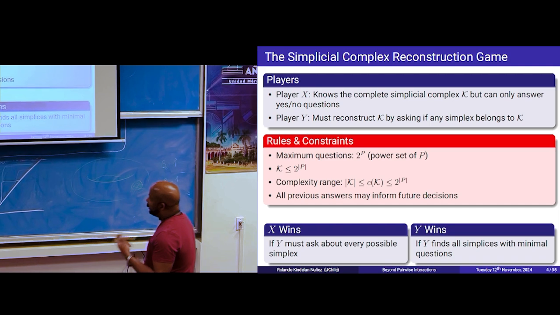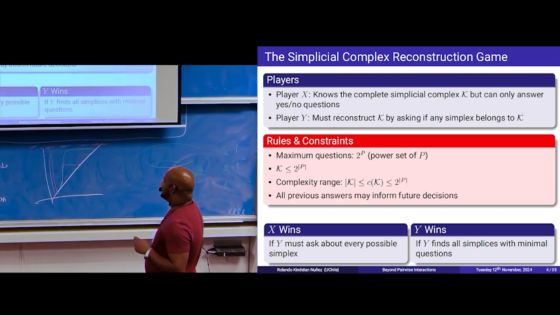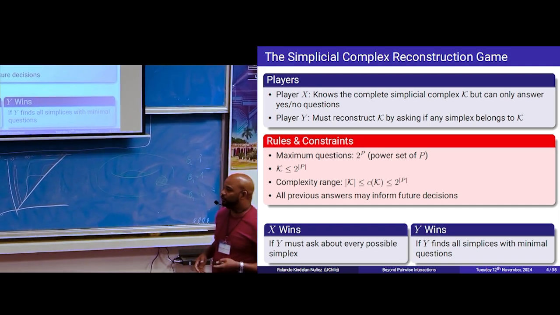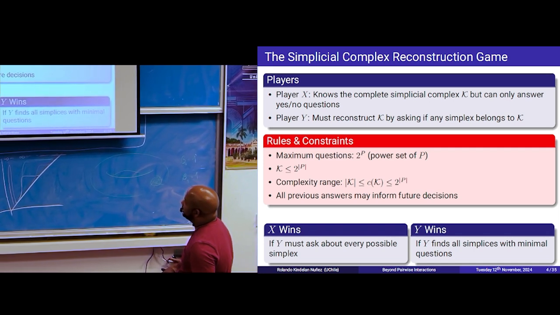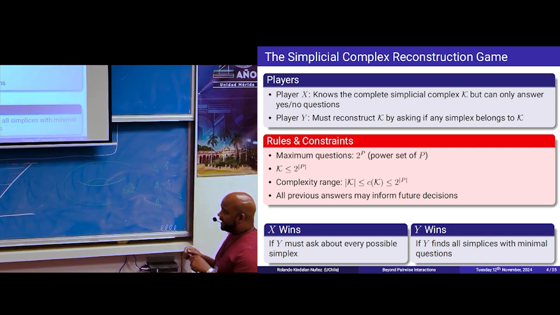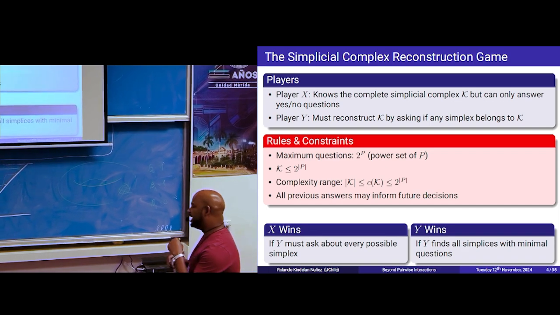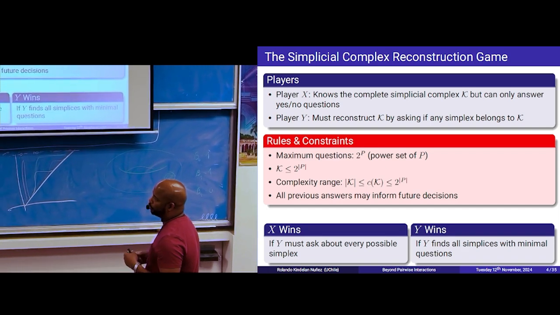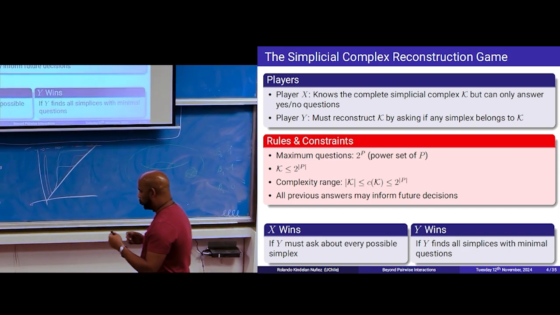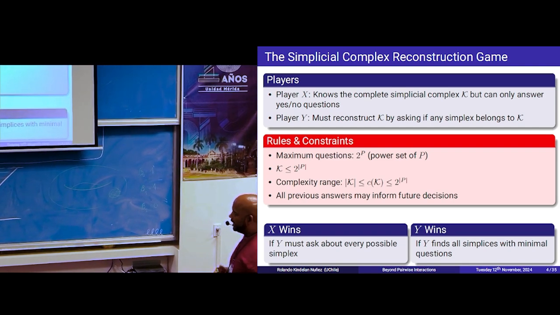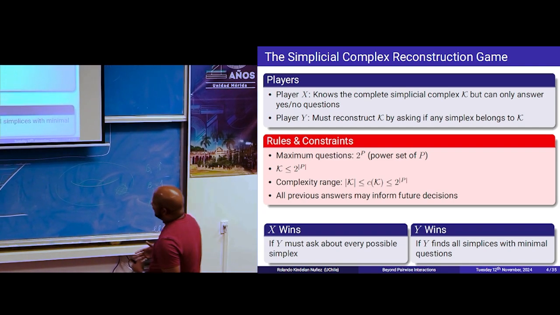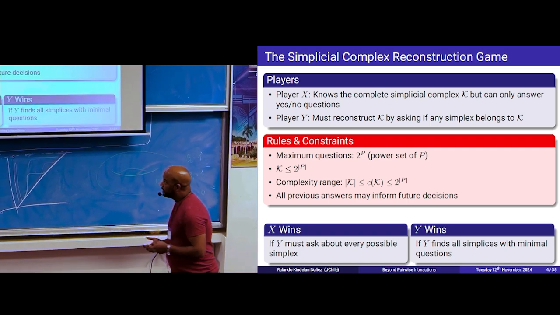So player Y has a maximum of 2 to the power of P questions. So that means that if he can get the entire complex asking fewer questions, he wins. And if not, he will lose.